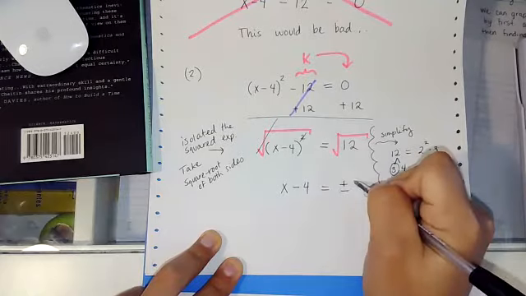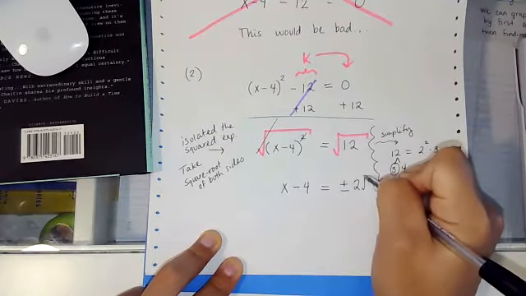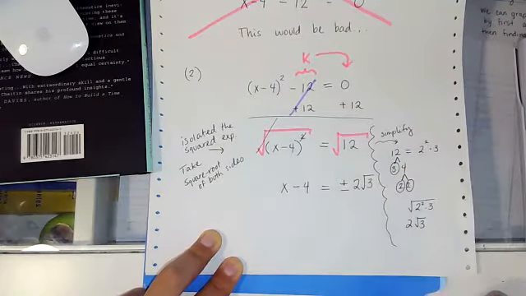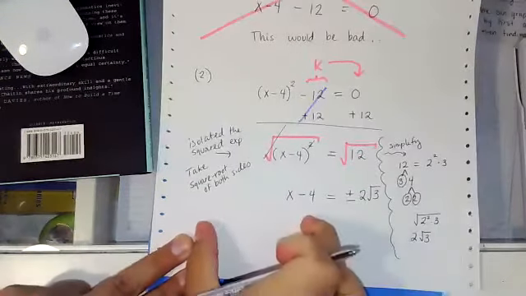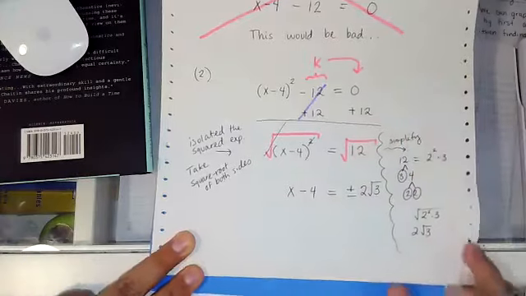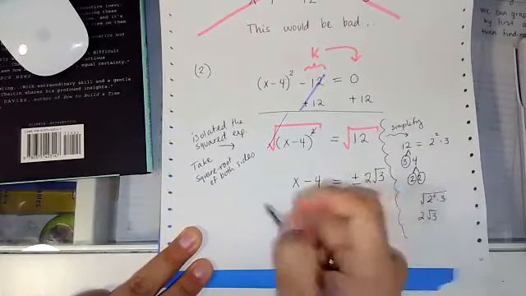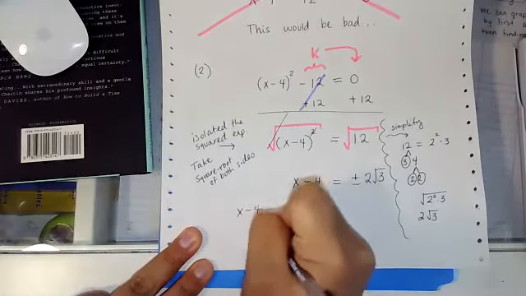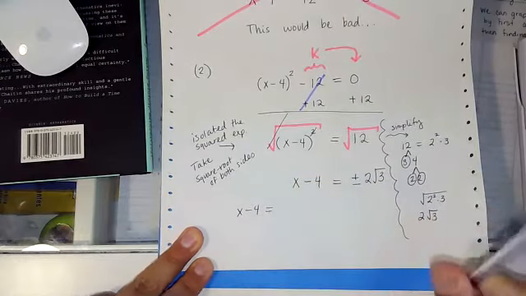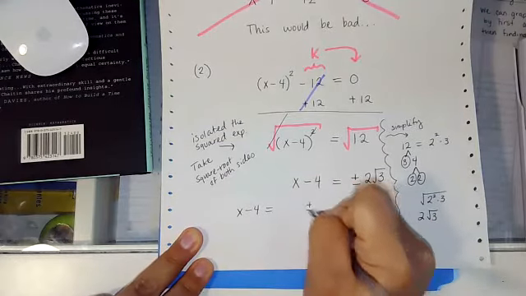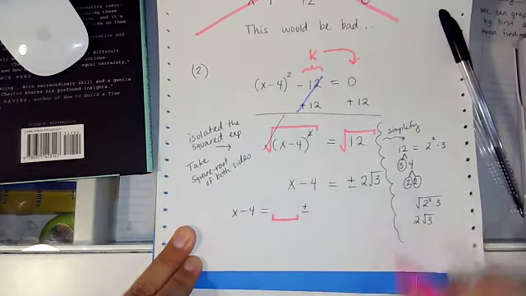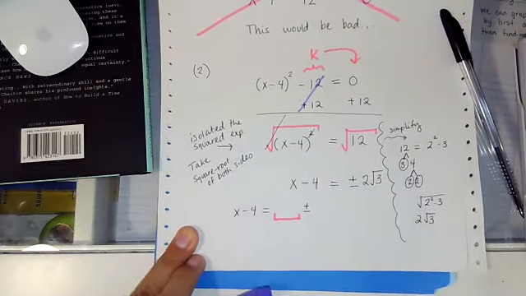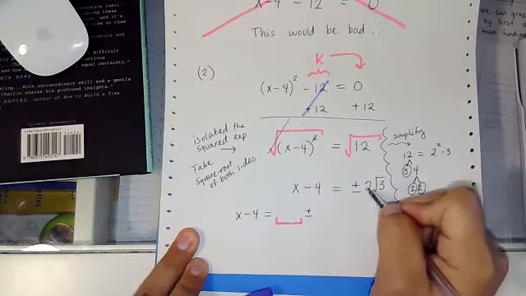So we should have plus or minus 2 root 3 there. Okay, I'm going to shift this over here so we have a little bit more space and it's not running into our scratch work. So x minus 4 is equal to, and then you might remember vaguely from last week, I said, leave yourself a little bit of space here, and it's going to be important to do that. And then we'll put plus or minus 2 root 3.